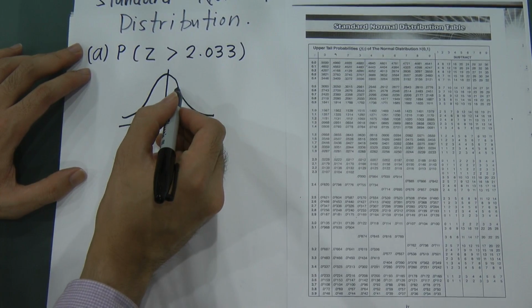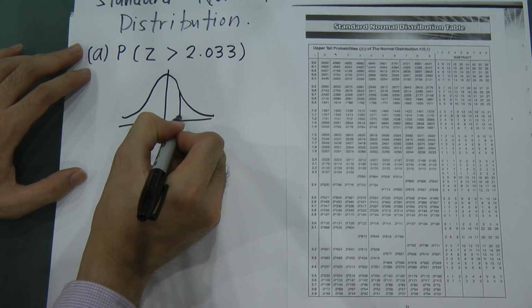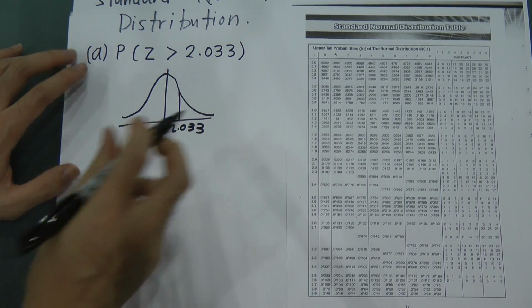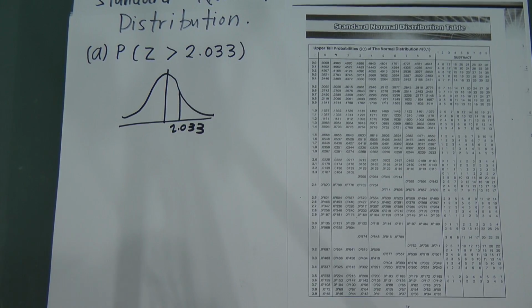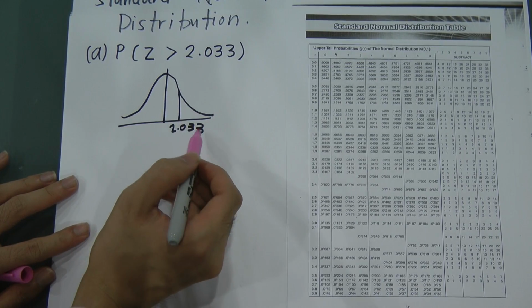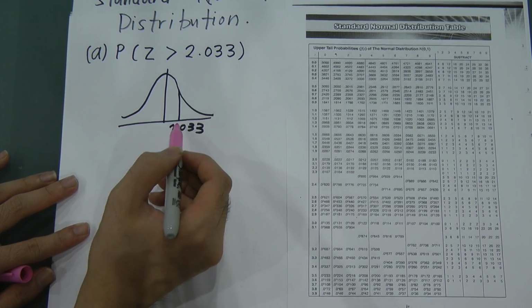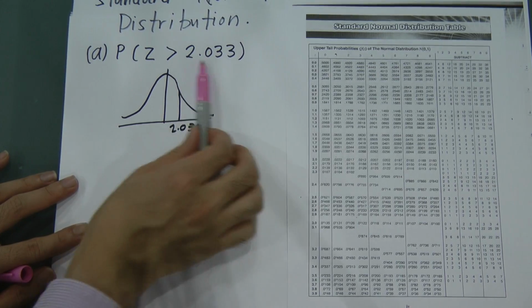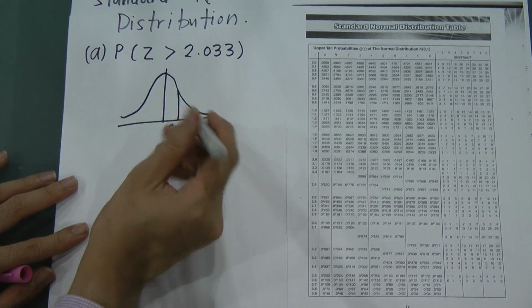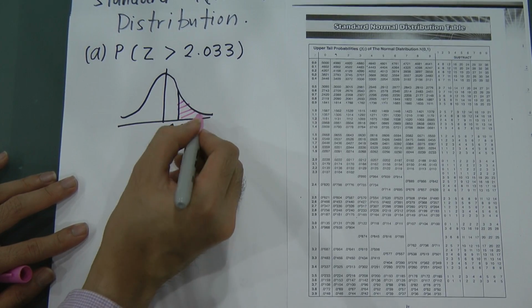Let's say this line is 2.033. Because this is the z value, bigger means go this way, and smaller means go this way. So I will have this area.